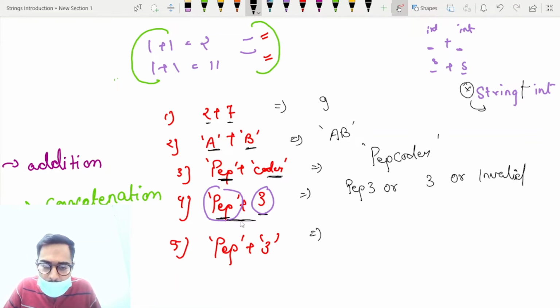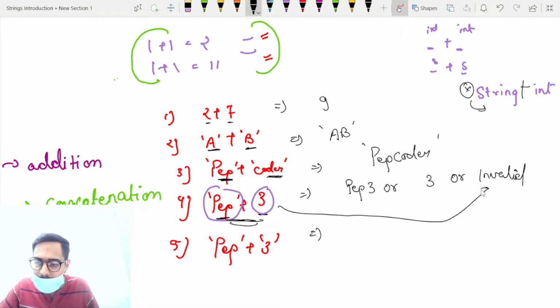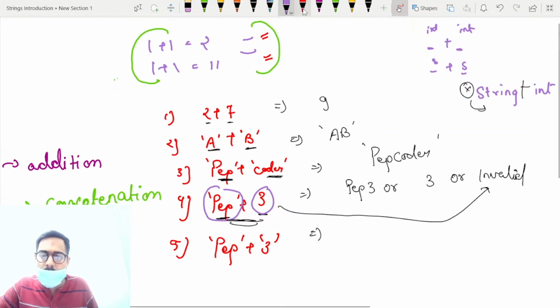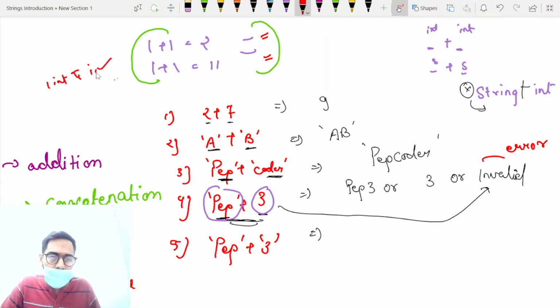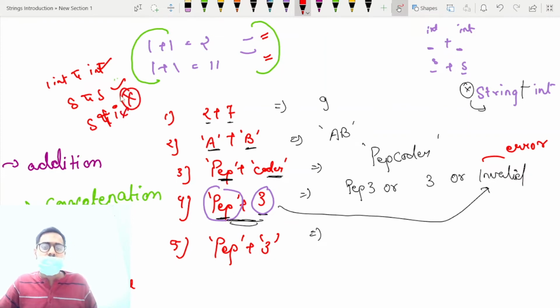That means pep plus 3 is invalid; it will give you an error. You can't add a string and an integer value. Remember this point, it is very important. You can add two integers, and string and string is also valid, but string and int is completely invalid.